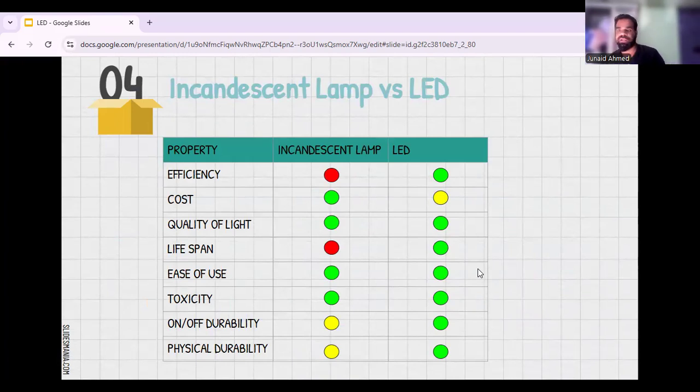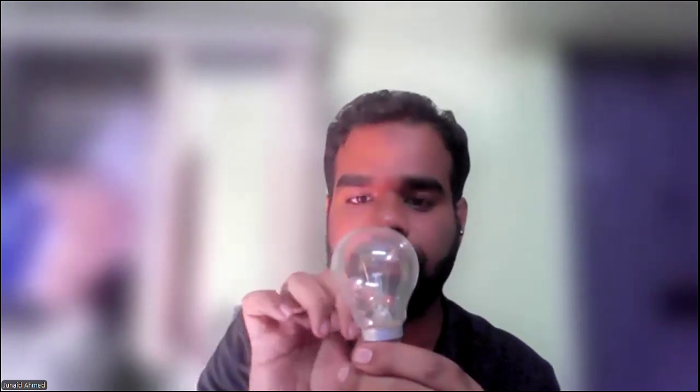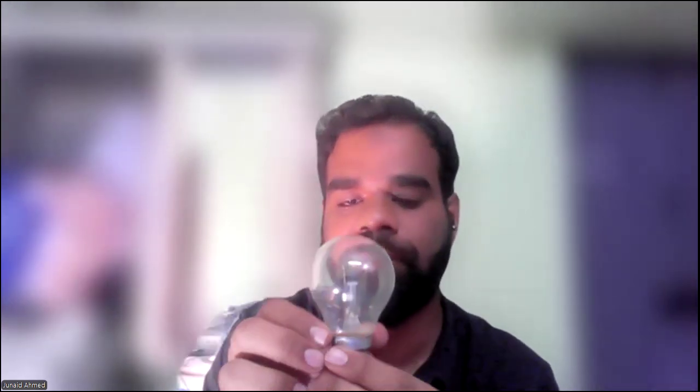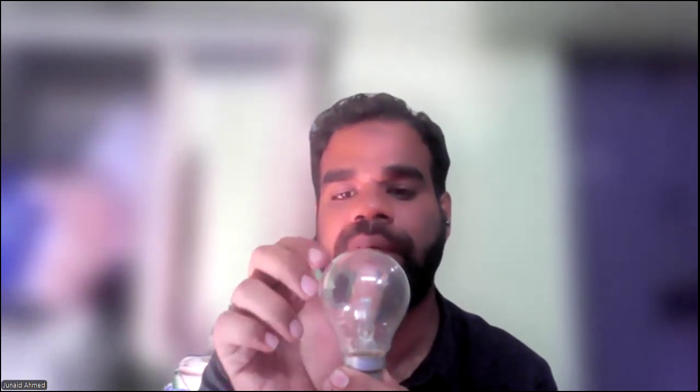So I have here an incandescent lamp and LED. So just see this. I'll stop sharing and I will focus myself. So here we have a bulb, the incandescent bulb. This has two thin metal wires.